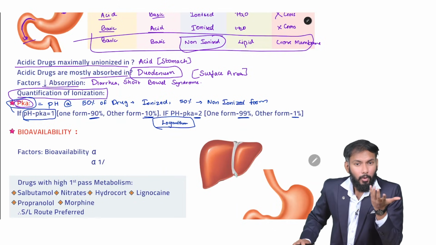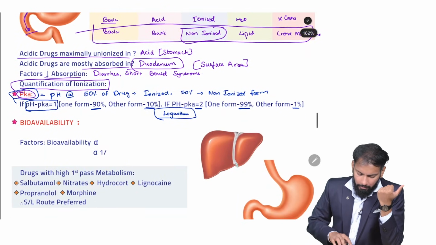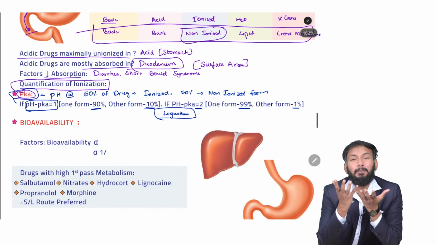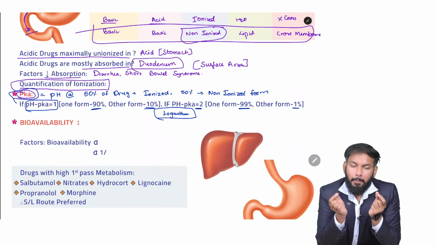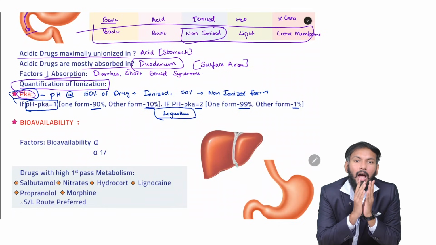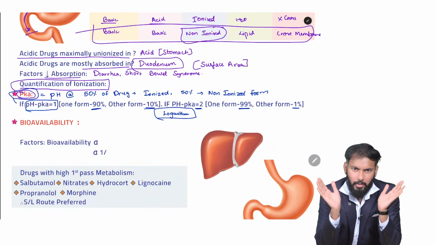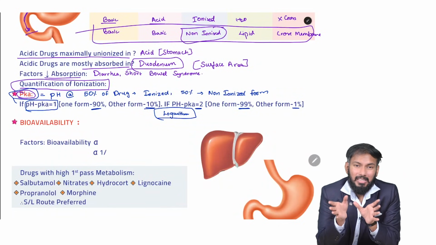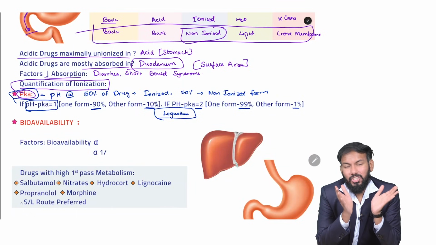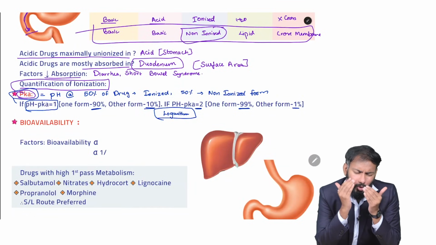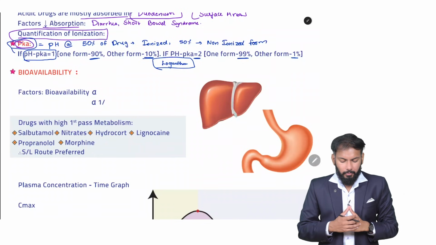What do you mean by bioavailability? See, bioavailability means the amount of drug that is coming into the systemic circulation unchanged. It is the amount of drug that is reaching the systemic circulation unchanged that is bioavailability. What do I mean by this? So, let us see.